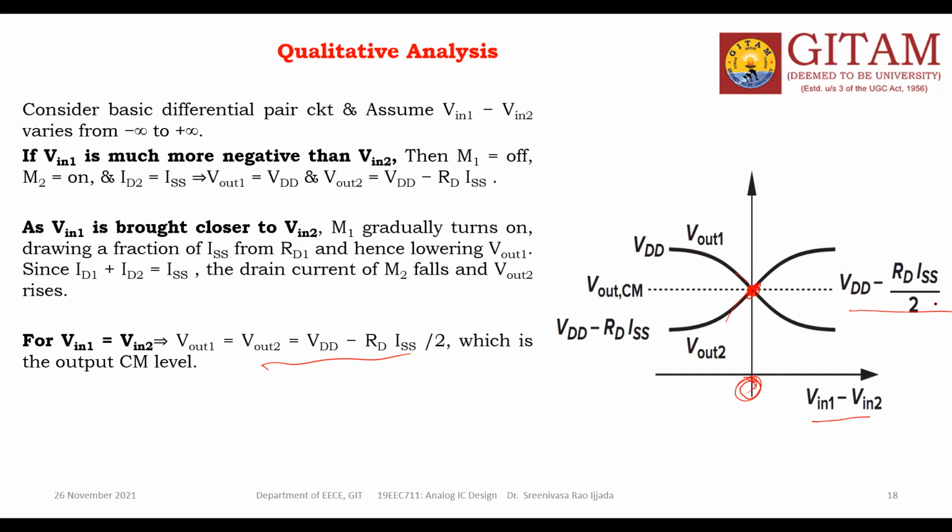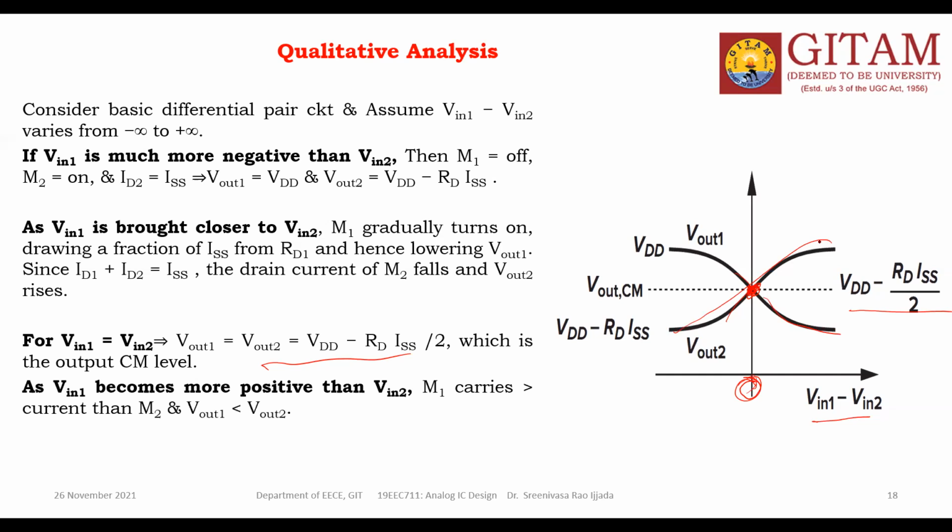Later, what happens if you keep on increasing? Your M1 goes to saturation. Then it produces a constant current, and this drop is continuously increasing. As Vin1 becomes more positive than Vin2, the difference is positive.